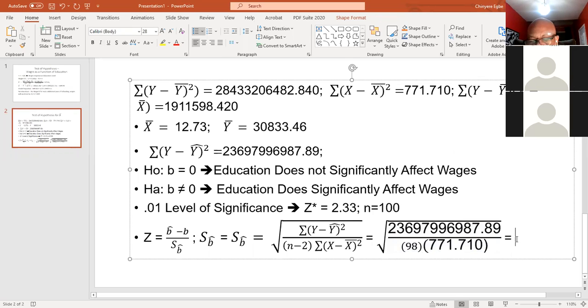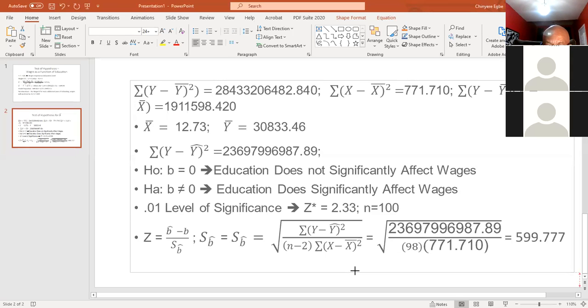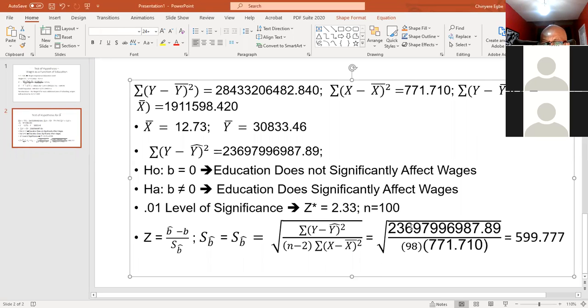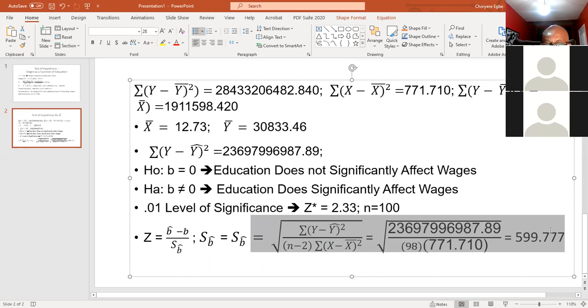So friends, what did you say? Yeah, I got 55.977. Okay, so that is the standard error of B hat. That is the first thing you need to know first. Once you get the standard error of B hat, let's get that squared off.